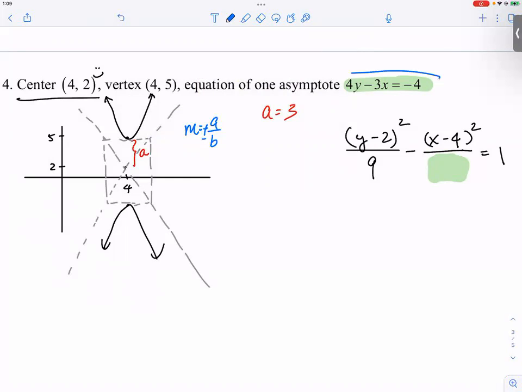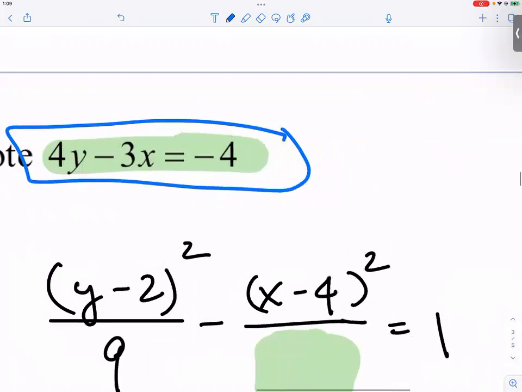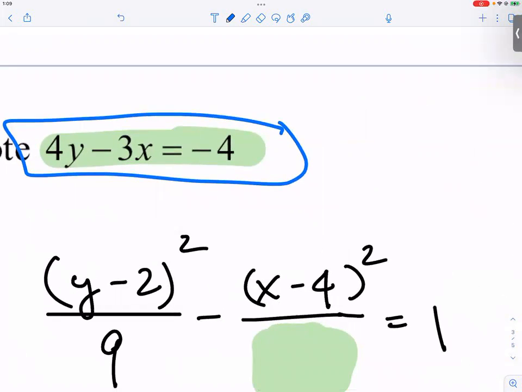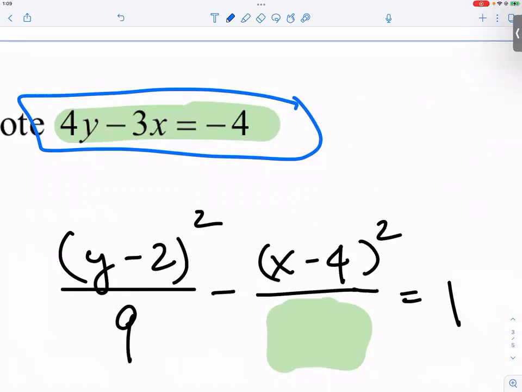Well, what about this equation here? Can you tell the slope based on this equation? What's the slope of this linear line? It's 3 over 4. Can you see how it's 3 over 4? I expect this to be a very essential skill, and since you are taking the SAT or you took the SAT, you should know this.